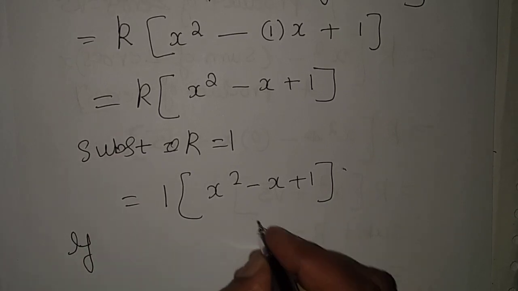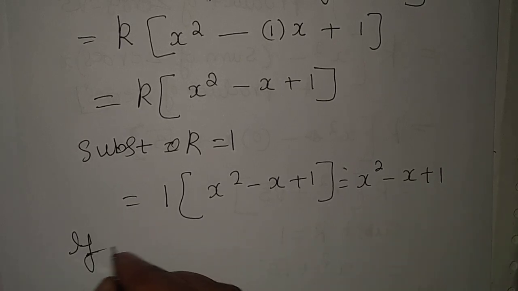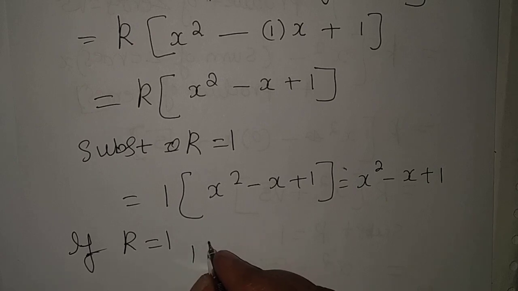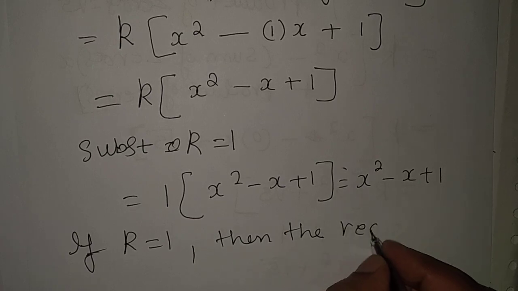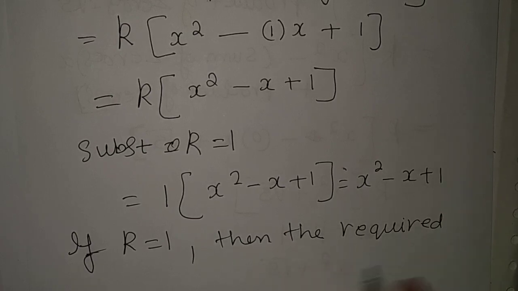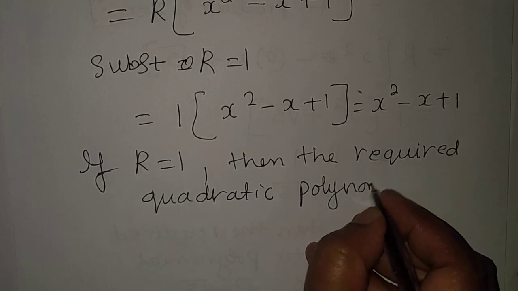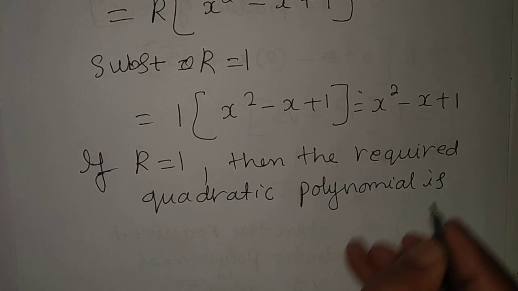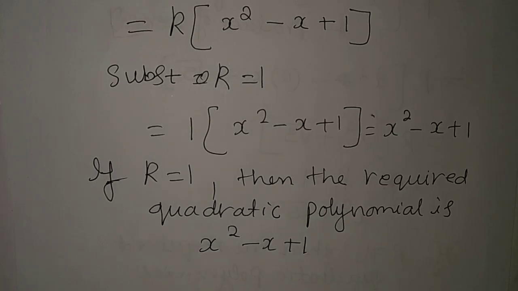Now we get x square minus x plus 1; if k is equal to 1, then the required quadratic polynomial is x square minus x plus 1. So we move on to the fifth one.